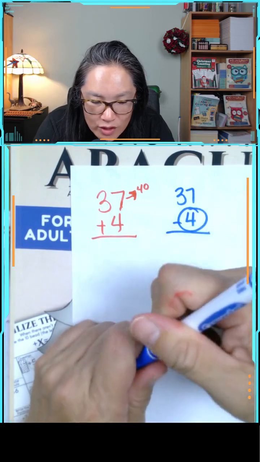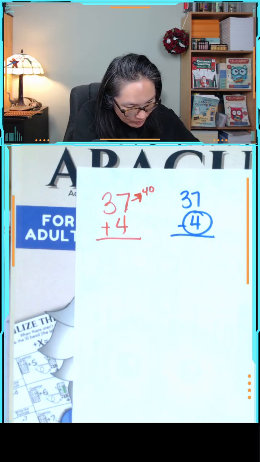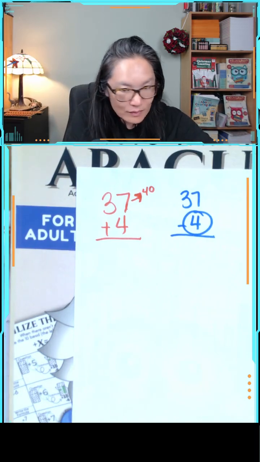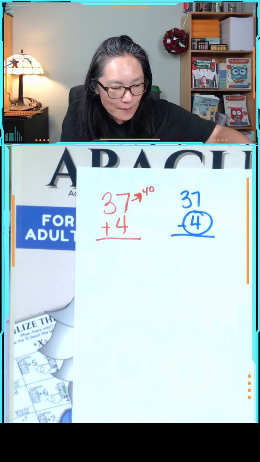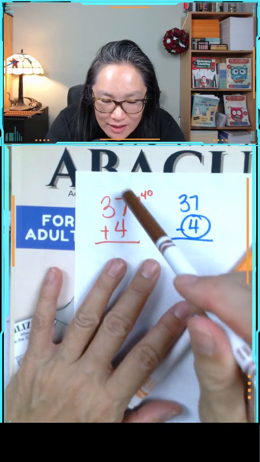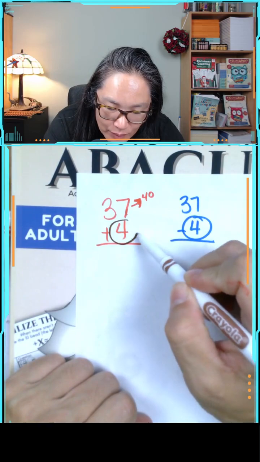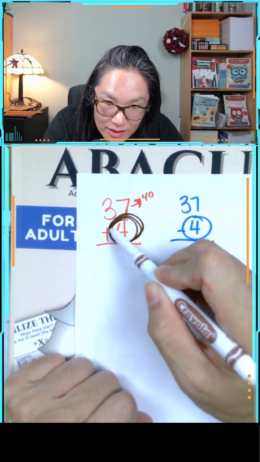Why is there a flip flop? Do you see what I'm trying to say? Do you see what I'm laying down? Because they're focusing on the top. Whereas in Abacus world, we always focus on the second number. Always focus on the second number.